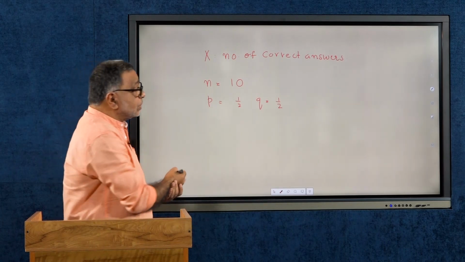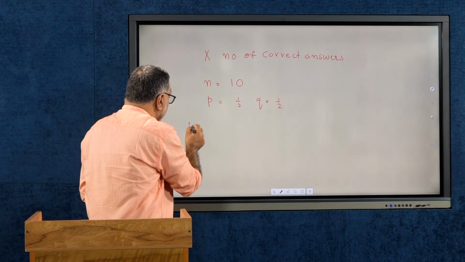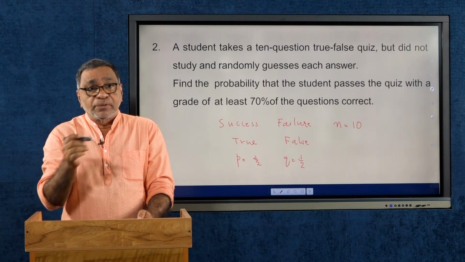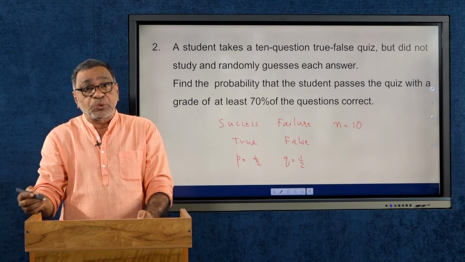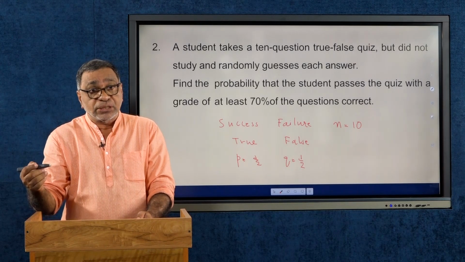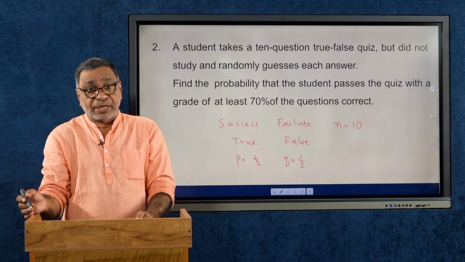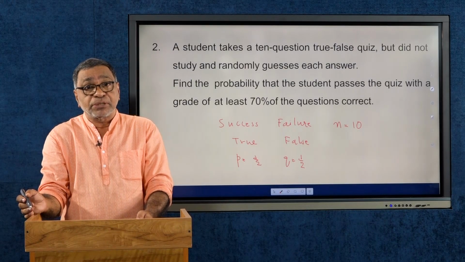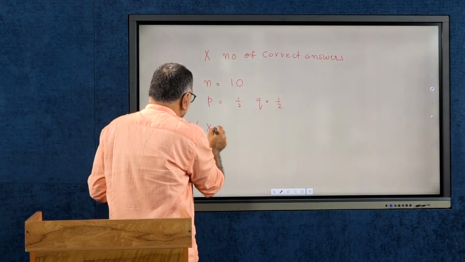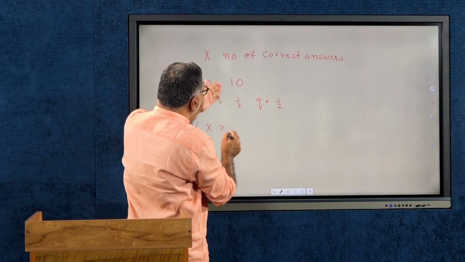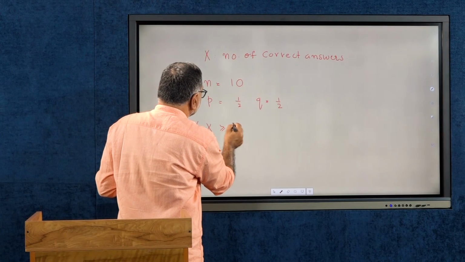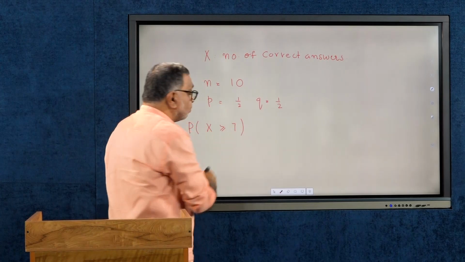The problem is to find the probability that the student passes the quiz with a grade of at least 70% of the questions correct. At least 70% of the questions correct means, with 10 total questions, X is greater or equal to 7.